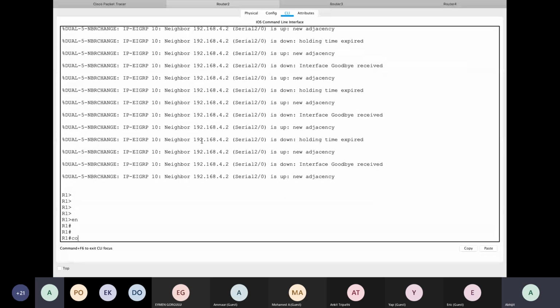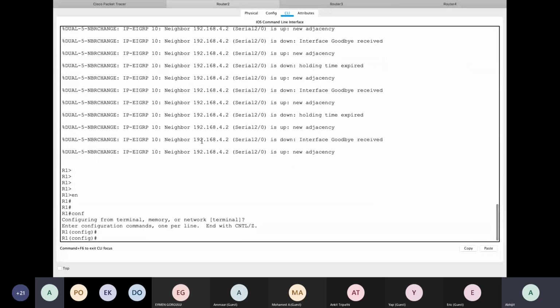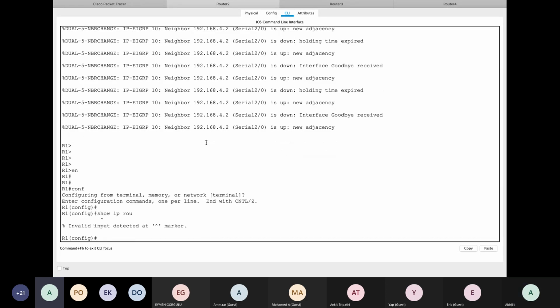There is a link failure over there, that's why there are so many messages. But show IP interface brief, or not show IP interface brief, show IP route.